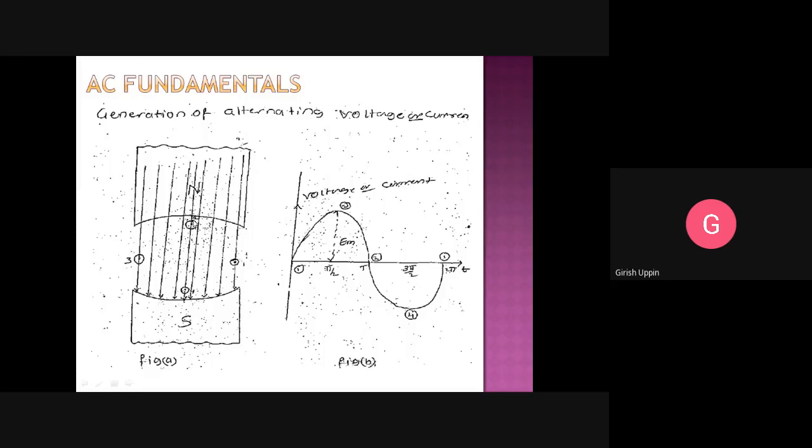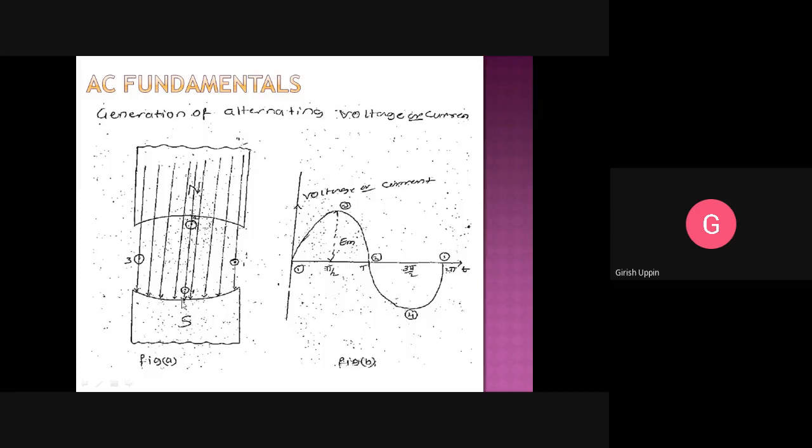But if you see, in position number 2 the flux cut was maximum, so the EMF induced was maximum, but it was under the north pole. Now, at position number 4, the flux cut by the conductor is maximum and the EMF induced is maximum, but it is under the opposite pole.